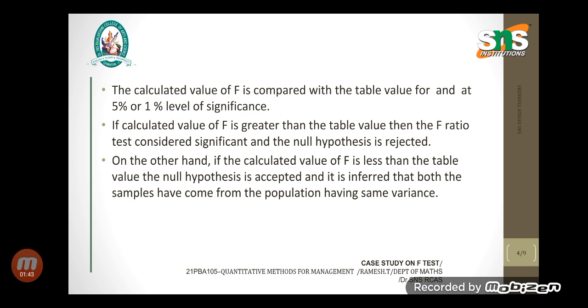If the calculated value of F is greater than the table value, the F ratio test is considered significant and the null hypothesis is rejected. On the other hand, if the calculated value of F is less than the table value, the null hypothesis is accepted and it is inferred that both the samples have come from populations having the same variance.